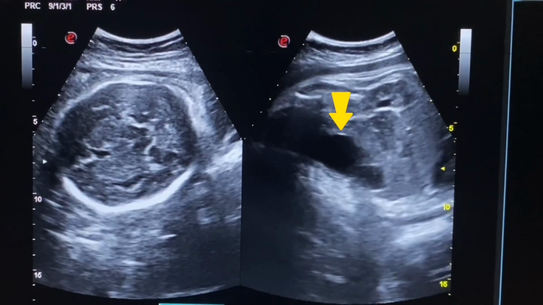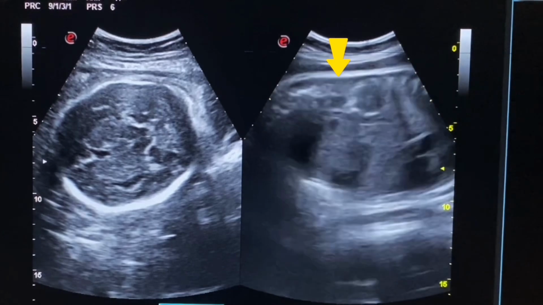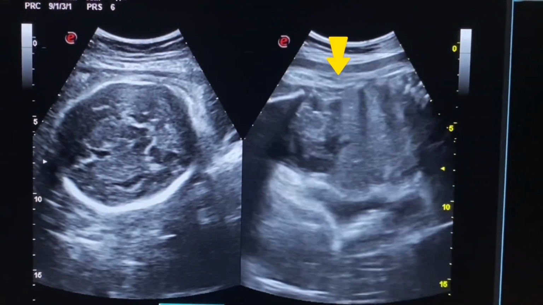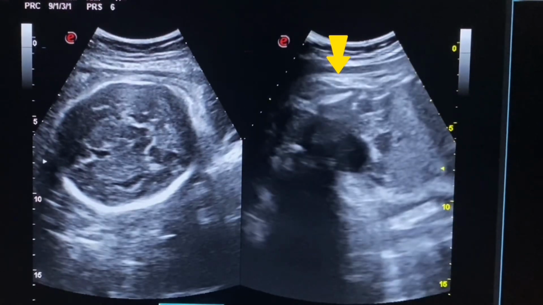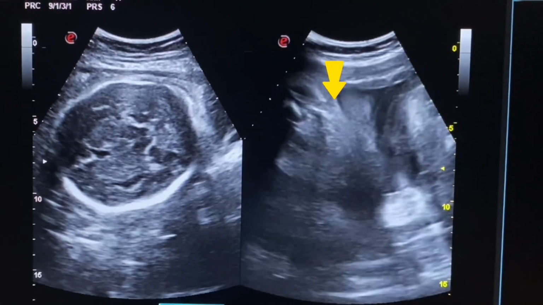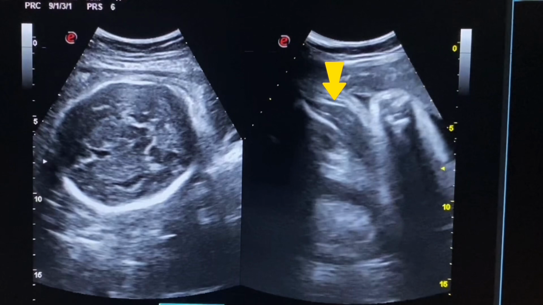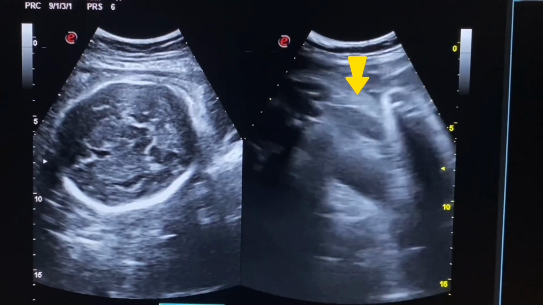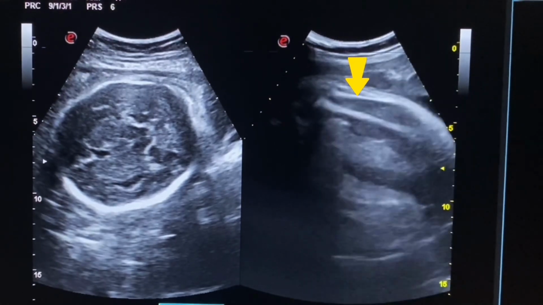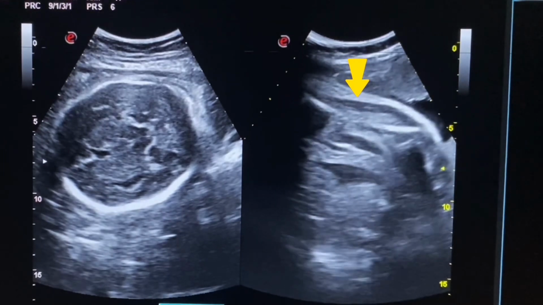Now when we find the urinary bladder, we slide the probe right and left side to find out the femur of fetus. Here we see the pelvic bone. And this is femur.